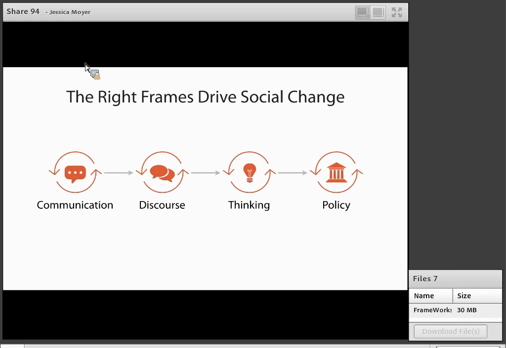And the way we think about issues has real implications for the kinds of policies we'll support and the kinds of structural, system-level change that we want to see and support and make happen. So this is how communication is connected to creating social change.